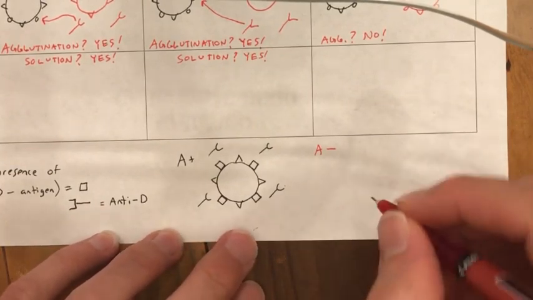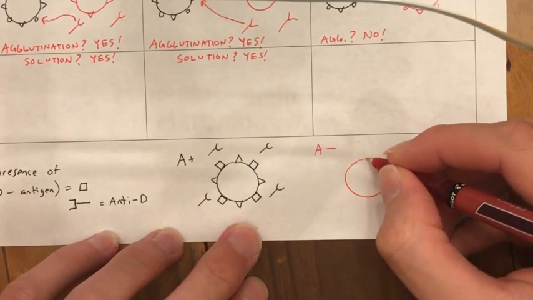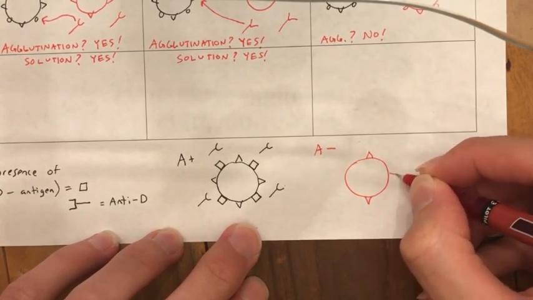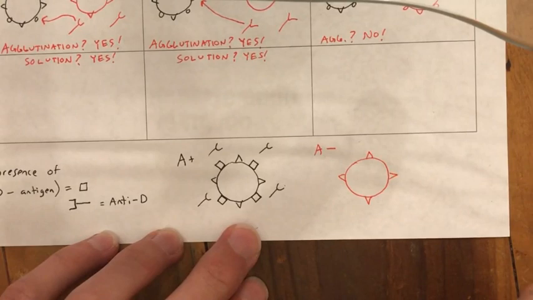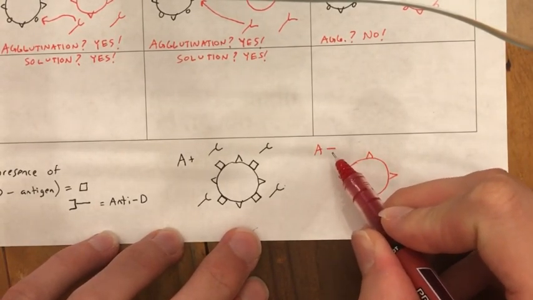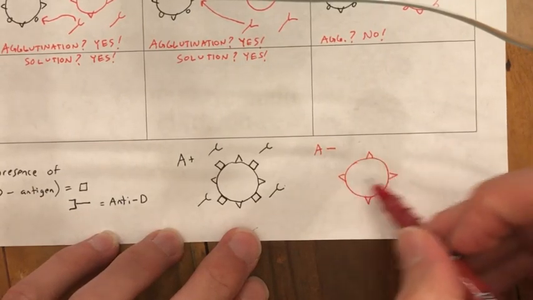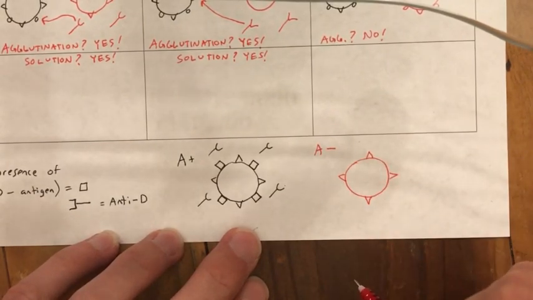But let's draw the donation here. So we have type A blood. Since it's A negative, negative means the absence of the D antigen. So we're pretty much done drawing the red blood cell here.